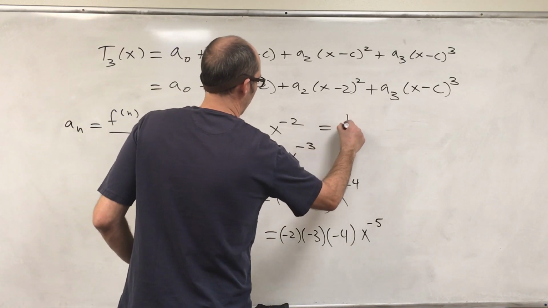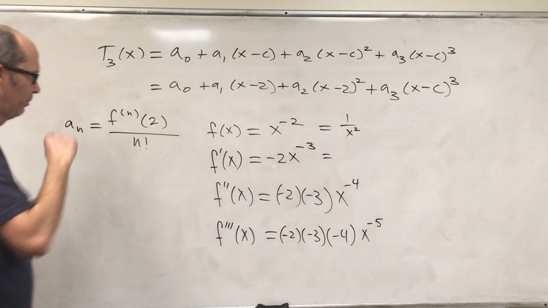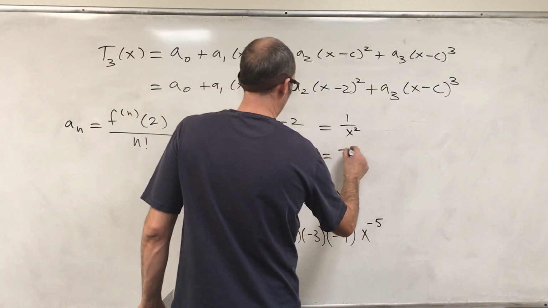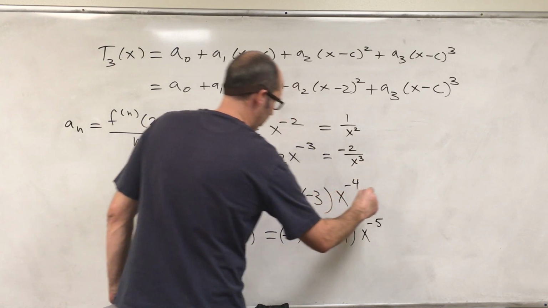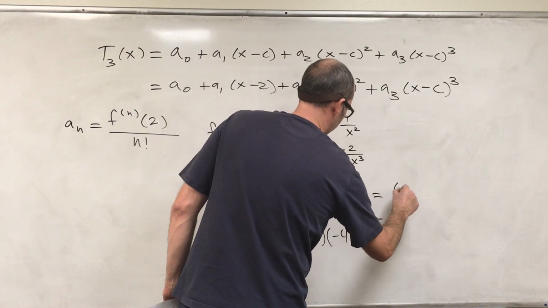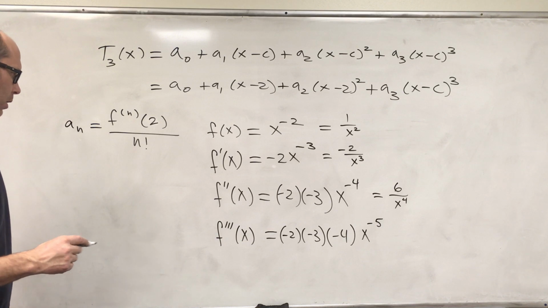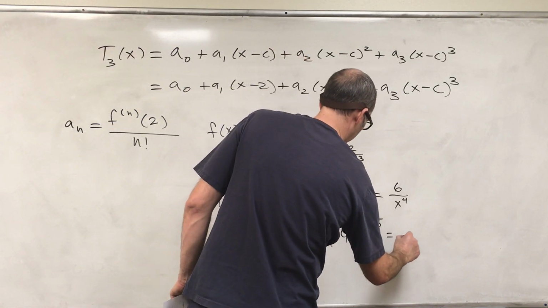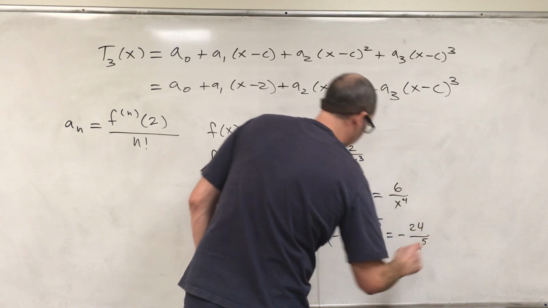So let's see, this is 1 over x squared. This is negative 2 over x cubed. This is positive 6 over x to the 4th. Okay, we found this was 6, right? 6 times 4, so negative 24 over x to the 5th.